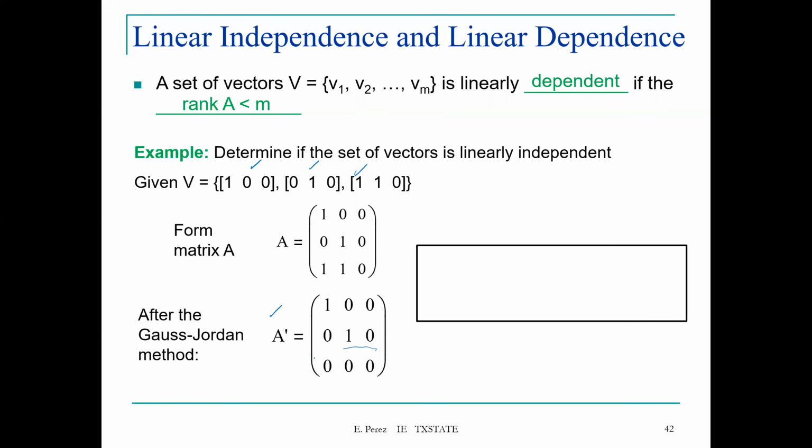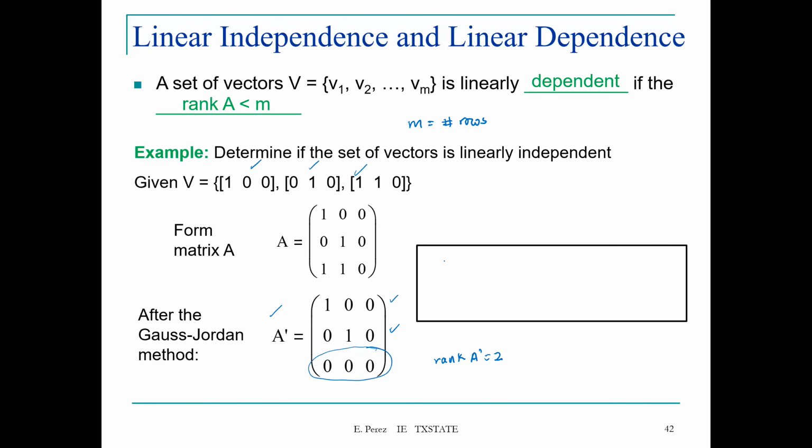We can see that there's a row of zeros here, and we want to count the number of non-zero rows. So in this case, we have 2. So that's the rank of A prime. So the rank of A prime equals 2. Now, using that information, and remembering that M is the number of rows, we want to verify if this set of vectors is linearly dependent or independent.